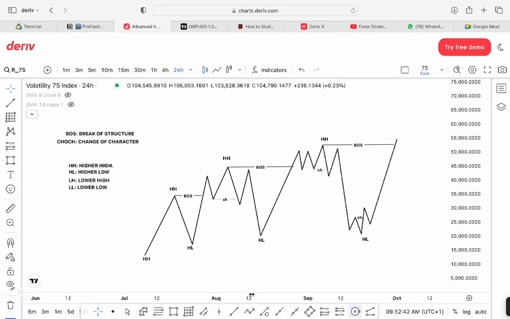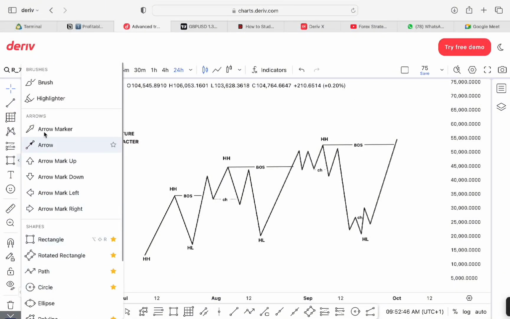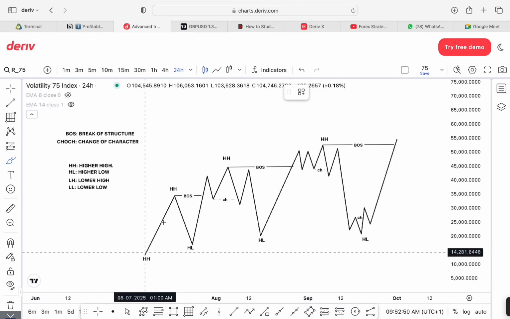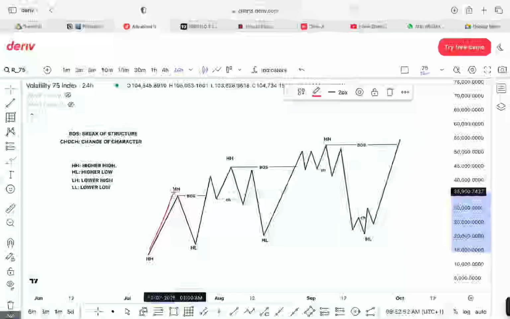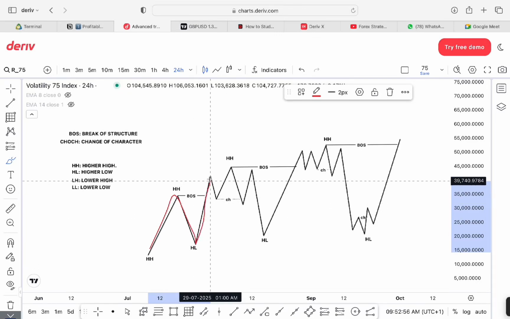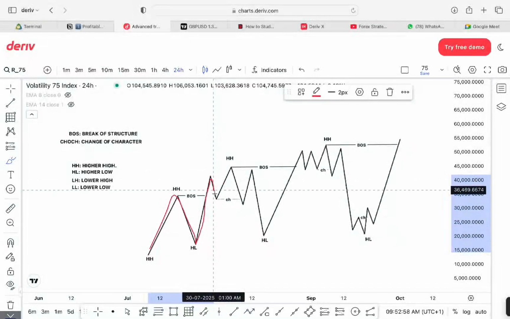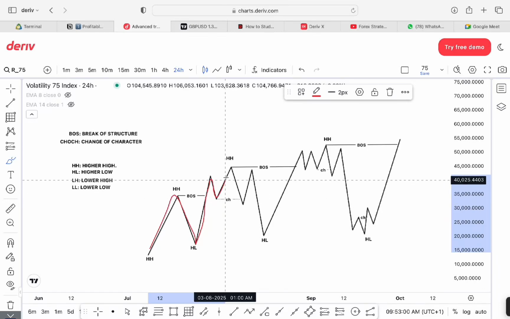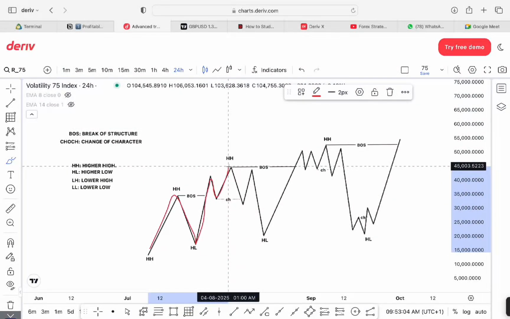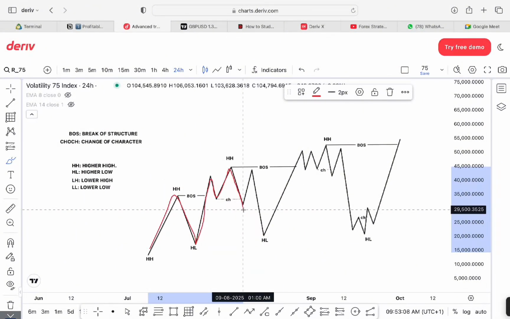So now we see that price formed the higher high, formed the higher low, broke structure to the upside, did this, broke structure to the upside again, and eventually price changed character.